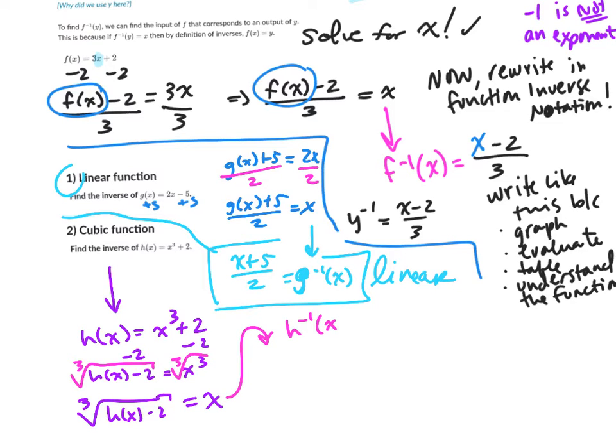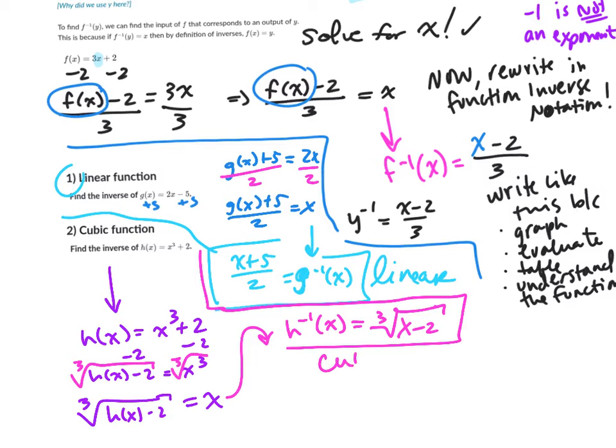I do that a lot. Equals cube root x minus 2. So I want to have only one h, one x. Okay, so this is a cube root. So cubic and cube root.